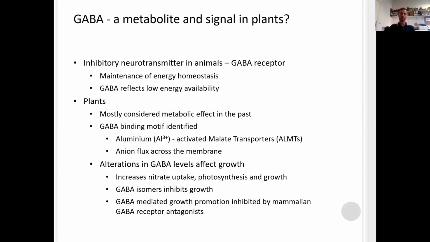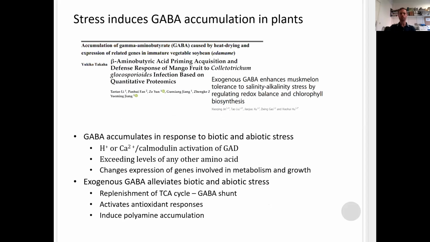And interestingly, it has been shown that isomers of GABA, so non-metabolizable isomers, can inhibit growth, and also that mammalian GABA receptor antagonists are able to inhibit this GABA-mediated growth promotion, suggesting that there might be some correlation between the animal receptor and the putative receptor not yet identified in plants.